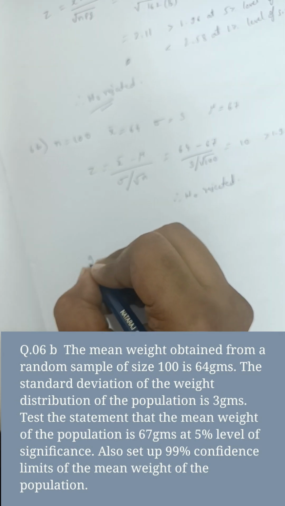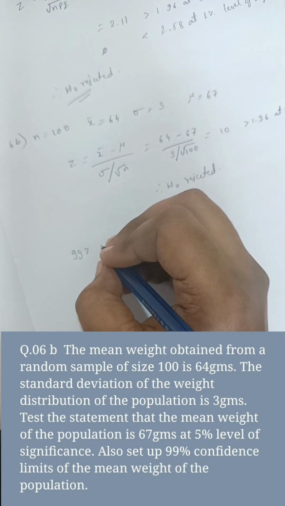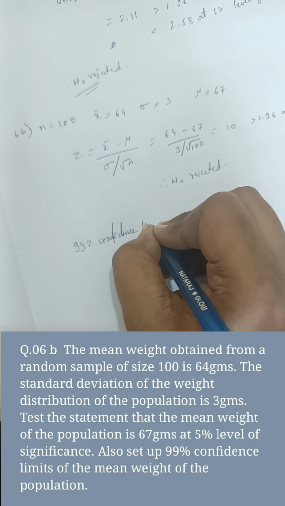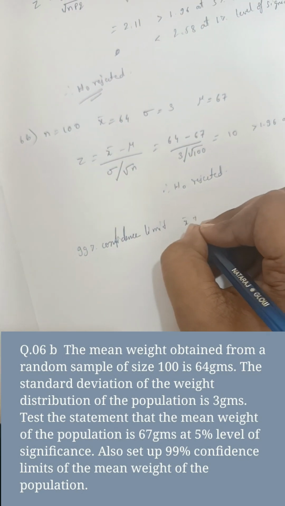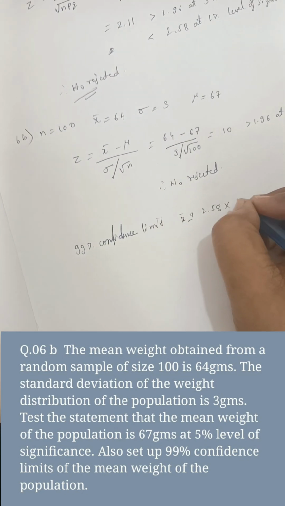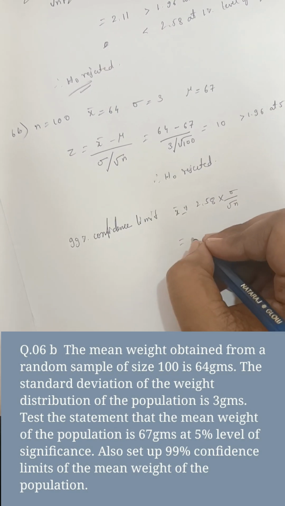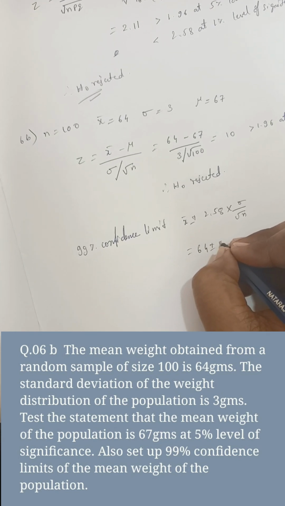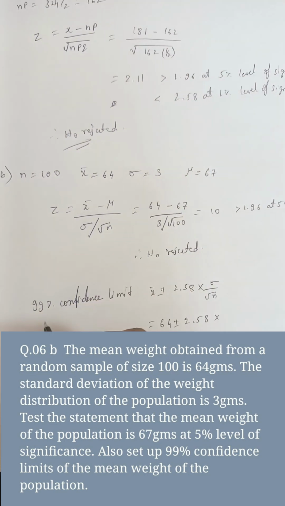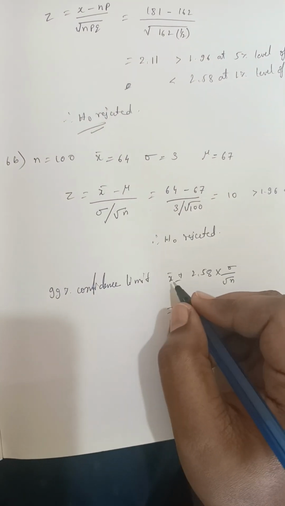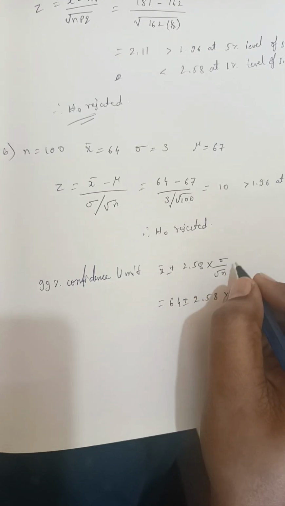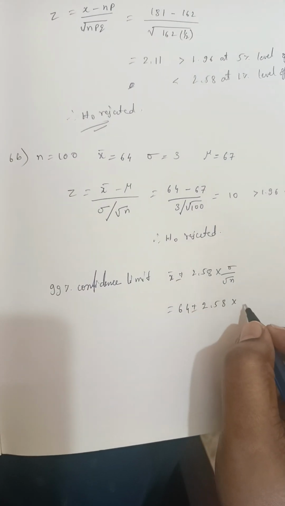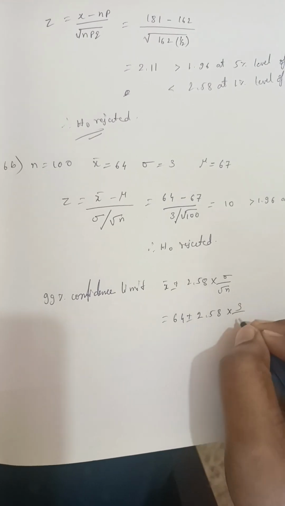So the 99% confidence limit is x bar plus or minus 2.58 into sigma by root n, where x bar means 64 plus or minus 2.58 into sigma means 3 divided by root 100.